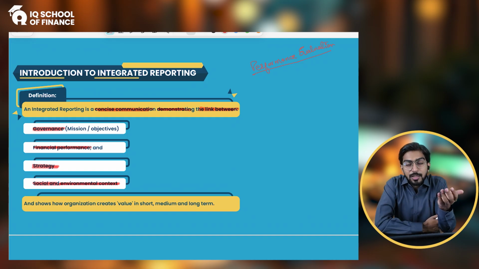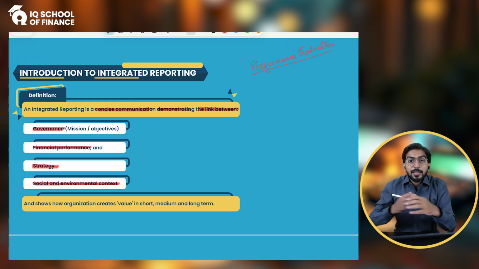Because as shareholders, you are concerned about the future. Obviously, you want to know the performance of the year which passed, but you want to know about the future as well. And integrated reporting is the solution for all these issues.